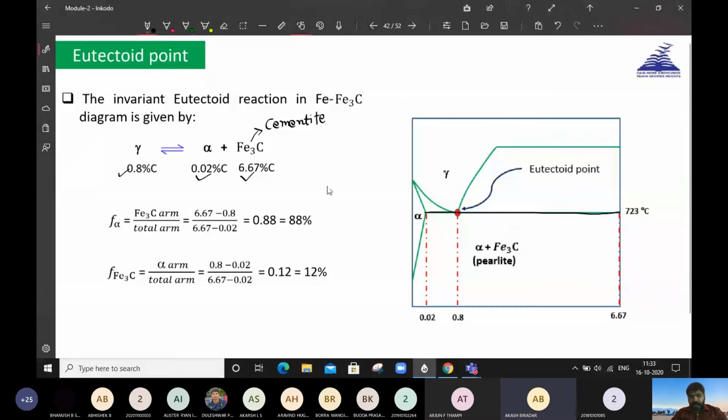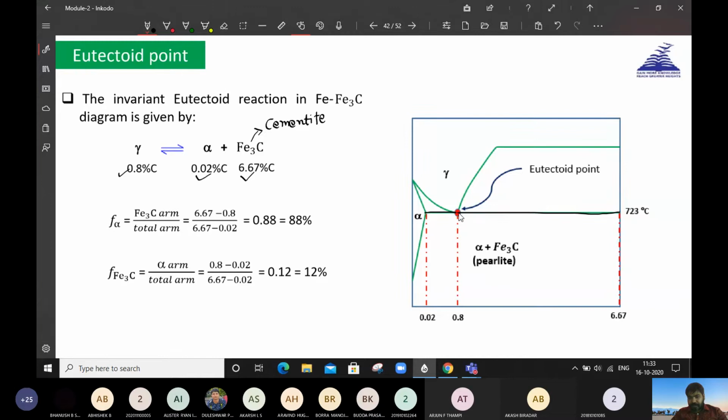Okay. Now we are supposed to find out the amount of phases present at this point. At this point we have alpha and we have Fe3C.